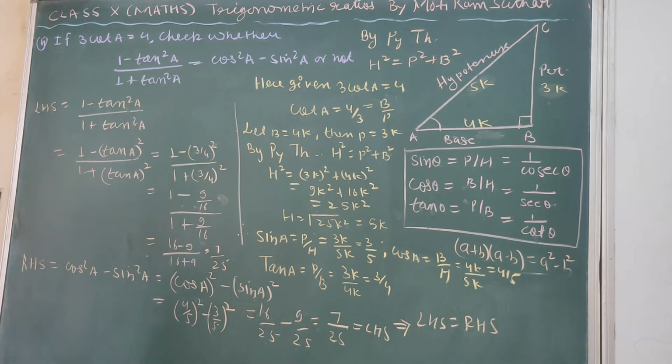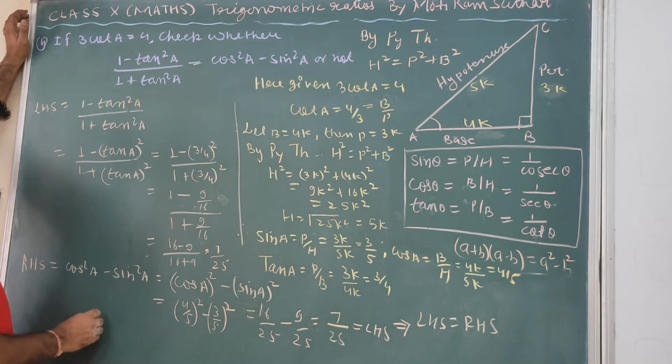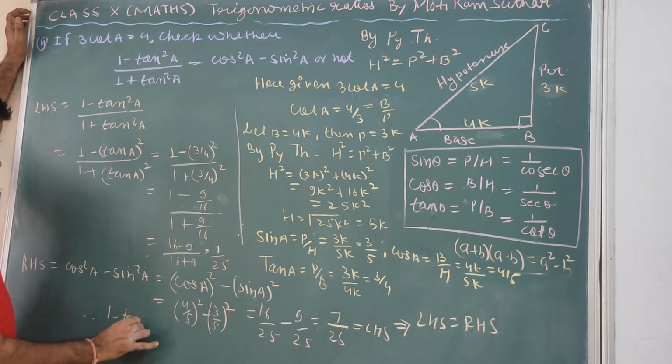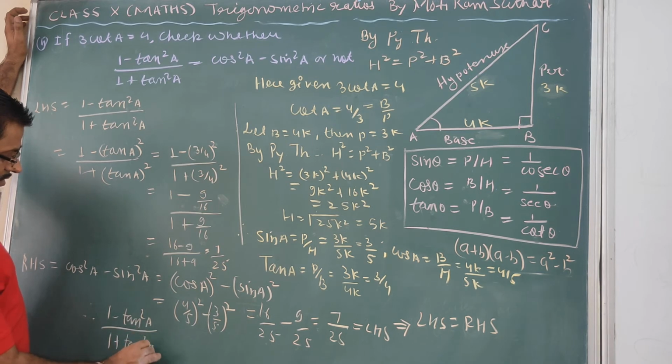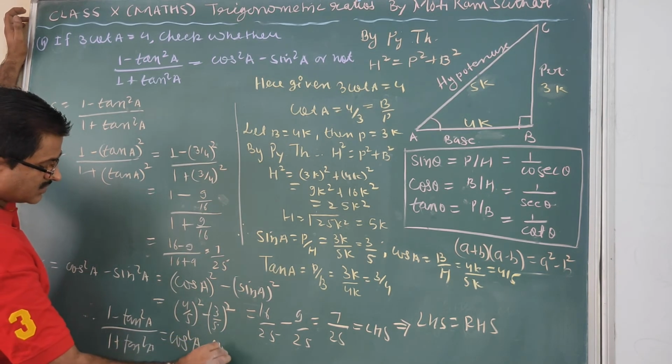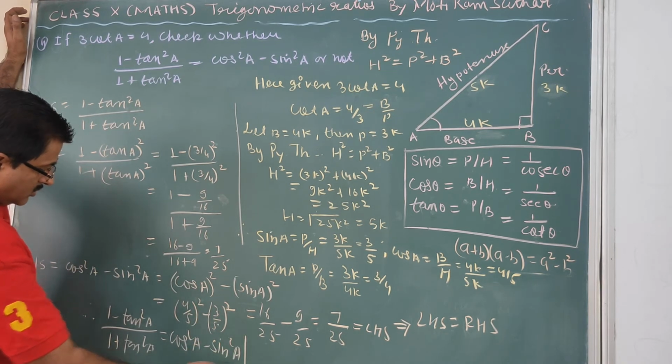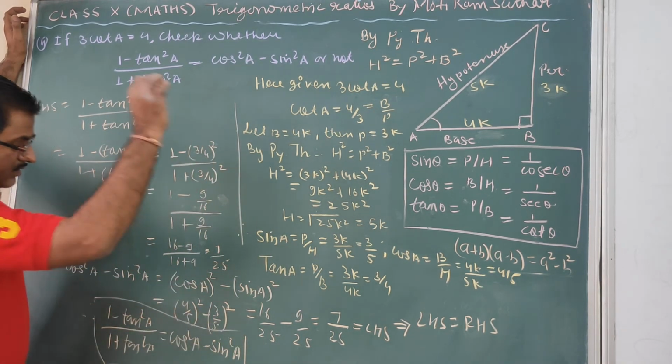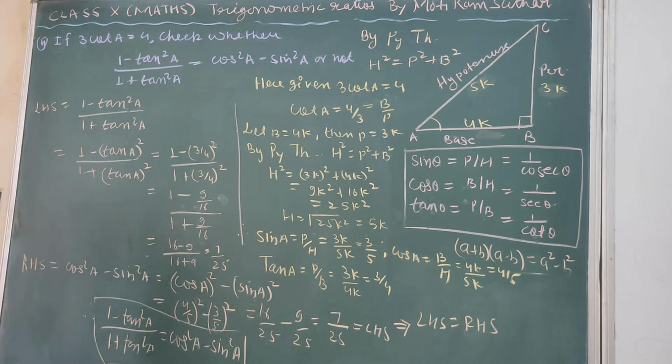We have to check. Therefore you can write 1 minus tan square A upon 1 plus tan square A is equal to cos square A minus sin square A. So this is also an identity when you go for higher study of trigonometry. We have this formula.